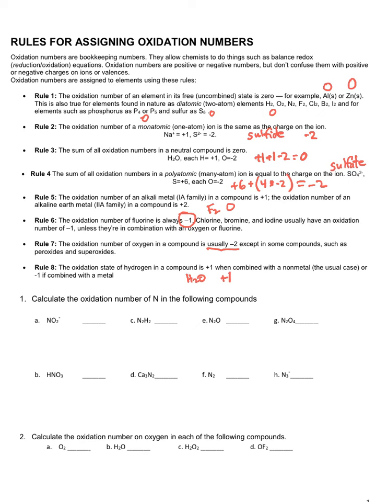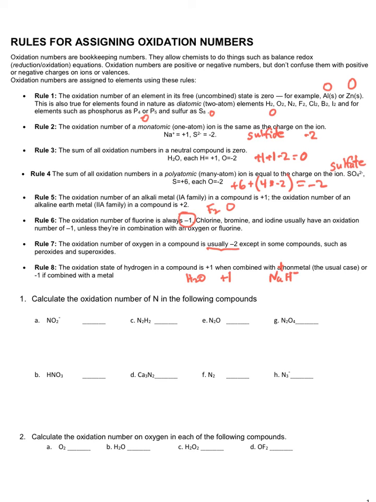There, hydrogen has a +1 oxidation number. Whereas if we make a hydride, like sodium hydride, that sodium ion is always a +1 charge. That hydride ion here, that hydrogen actually has a negative charge, and it'll have a -1 oxidation number.